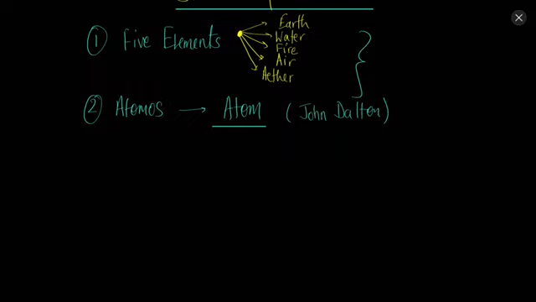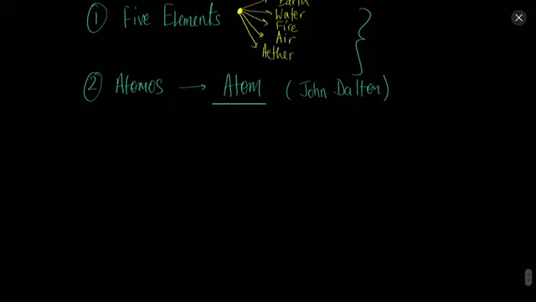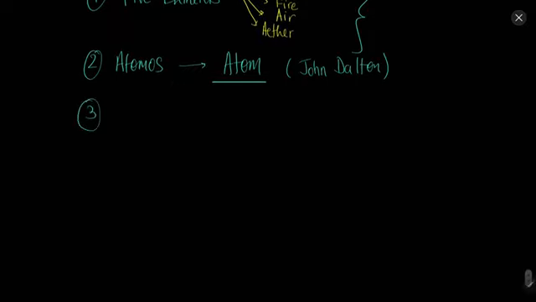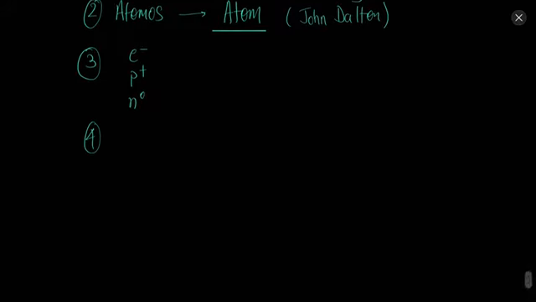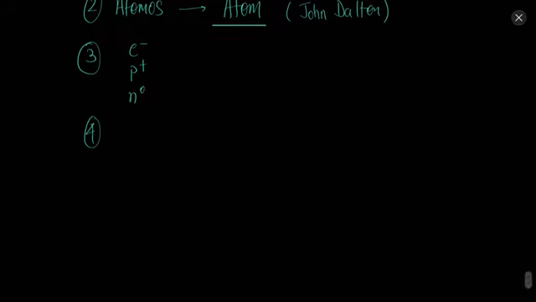Now gradually we found out that atoms are also not indivisible. Atoms consist of smaller particles such as electrons, protons and neutrons. Then we found that electrons, protons and neutrons are also not the smallest entities. You might not have heard about these things, but protons and neutrons are made up of quarks.